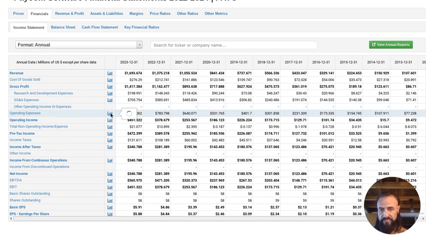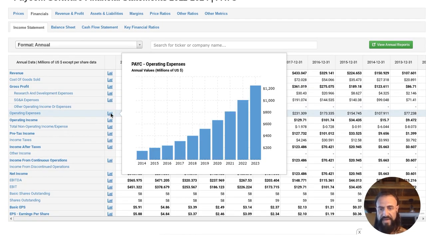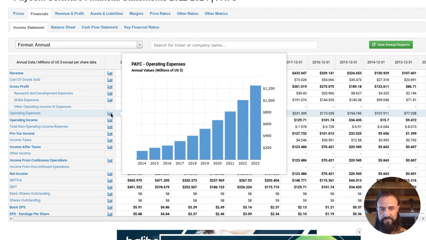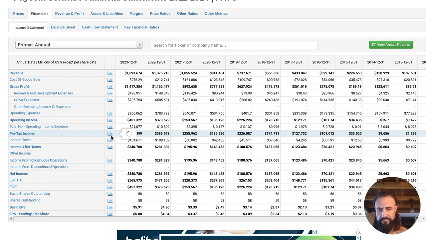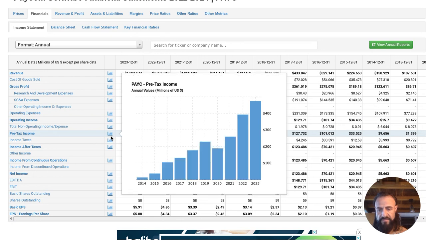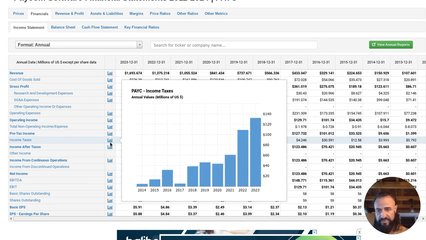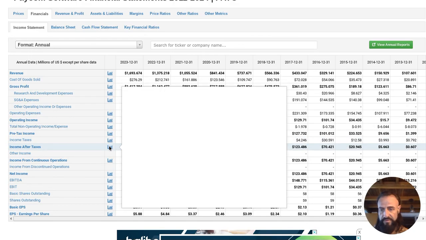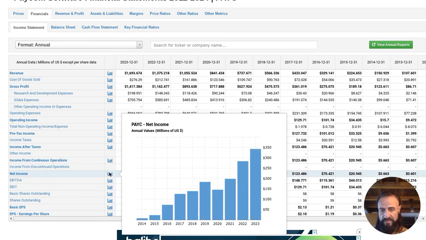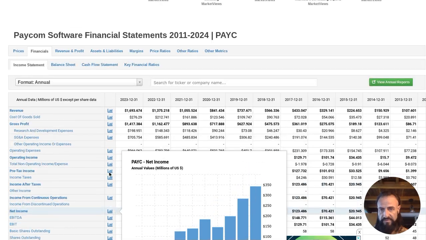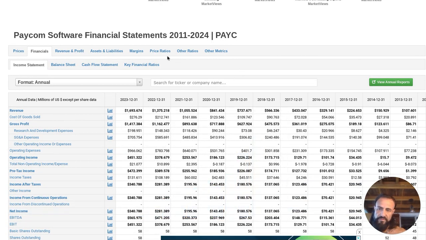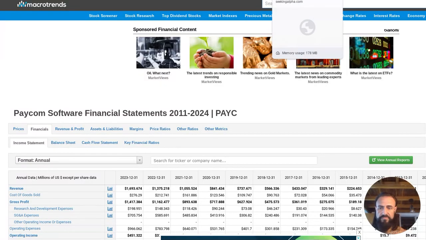The operating expenses about $1 billion last year and going up. But I like that this is a pretty predictable company. You can see from the trend, the net income looks good.